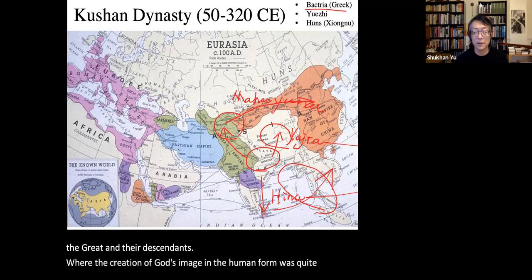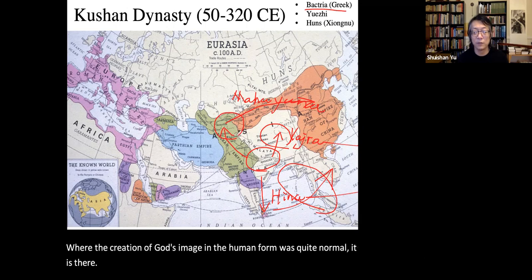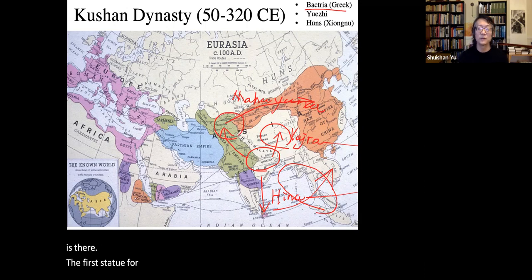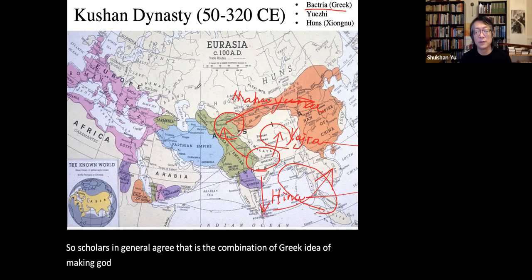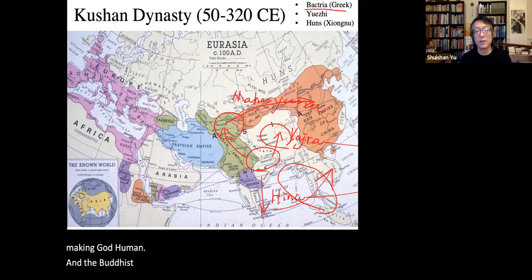It is there that the first statue of the Buddha was discovered. So scholars in general agree that it is the combination of the Greek idea of making God human and the Buddhist idea of the enlightened one that created the first Buddhist icon, the human image of the Buddha.